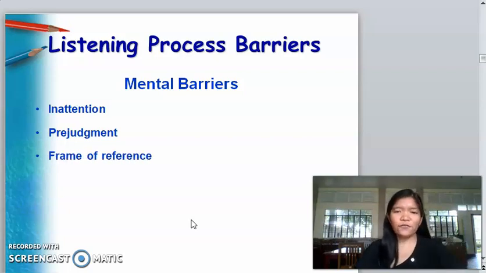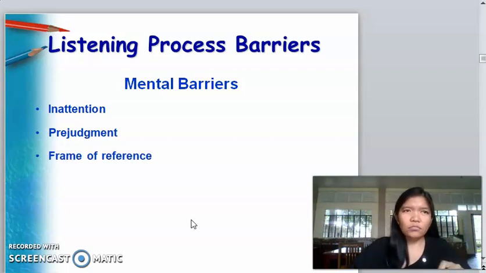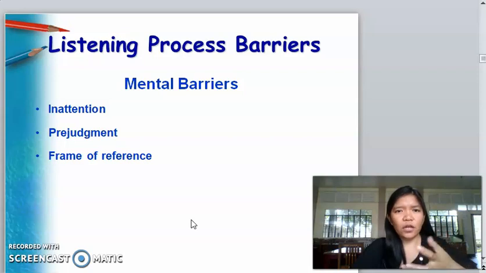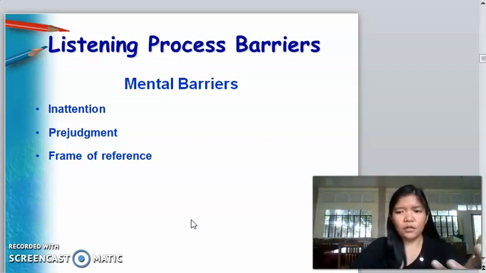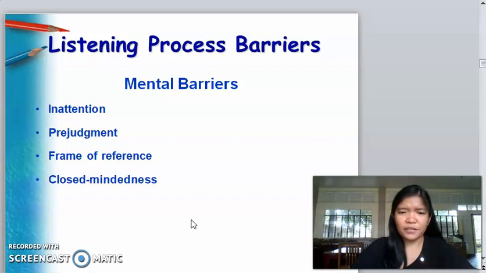Next is frame of reference. You are not sure if the speaker is talking about this person or that person, or lahok-lahok na. Hindi mo maintindihan kung ano yung point of reference. And then, of course, mental barrier is affected by closed-mindedness.